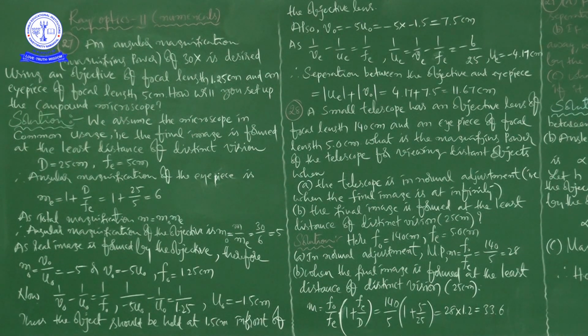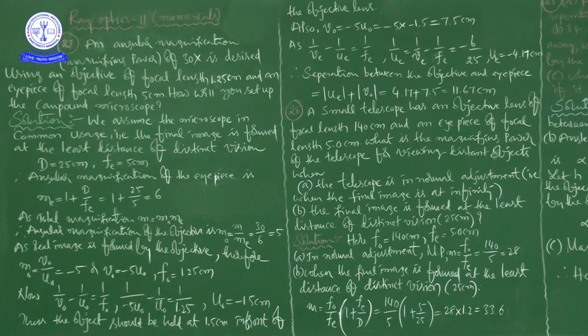So when we see a problem related to an optical instrument, we have to bring the ray diagram of that instrument into our mind. For example, this problem is related to the compound microscope, so we have to get its ray diagram into our mind. Then the problem will be very easy.